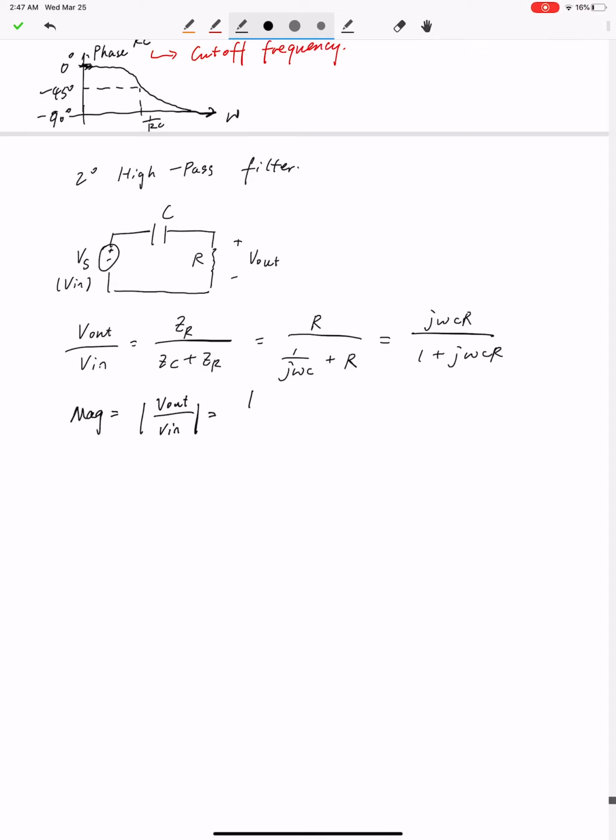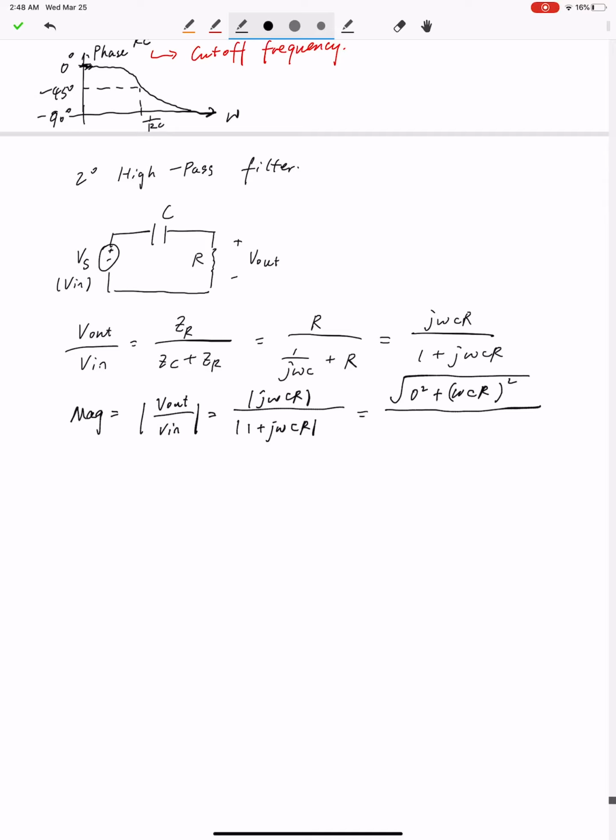And that will be the magnitude of the top side and the magnitude of the bottom side, due to the division operation, right? What's the magnitude of the top side? That will be 0 squared, because we don't have a real part, plus omega C R squared, and take the square root.